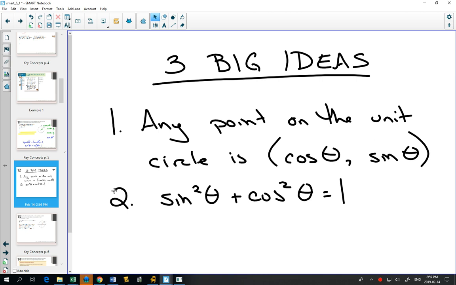But it doesn't matter what angle it is, this is always true. And so that's why it's a big idea. And it's kind of cool that it always works out no matter what the angle is. Even if your favorite angle is 1,305 degrees.